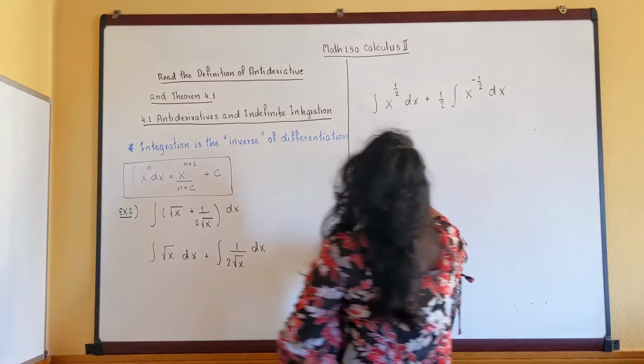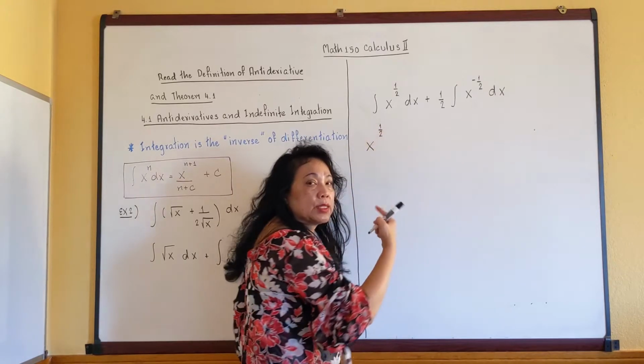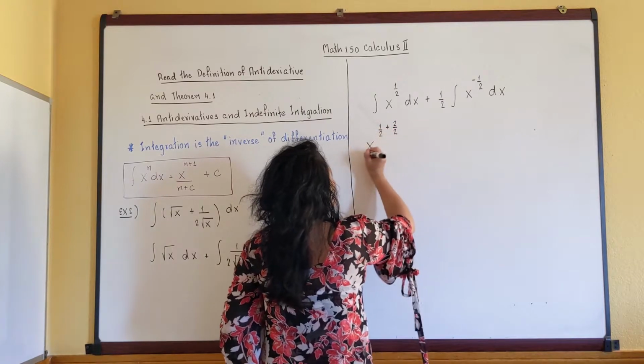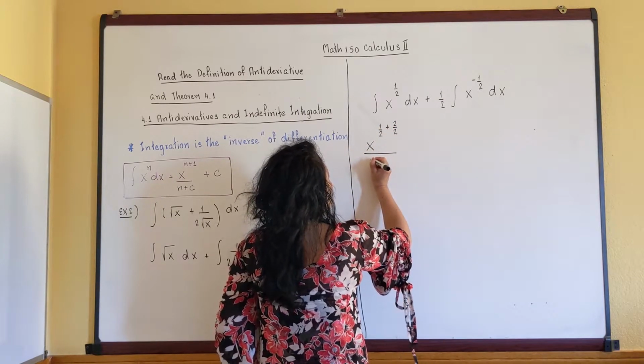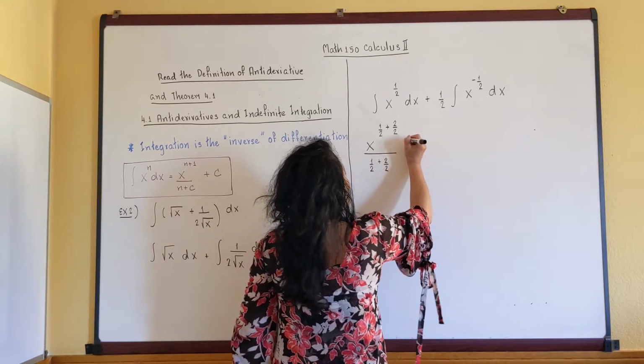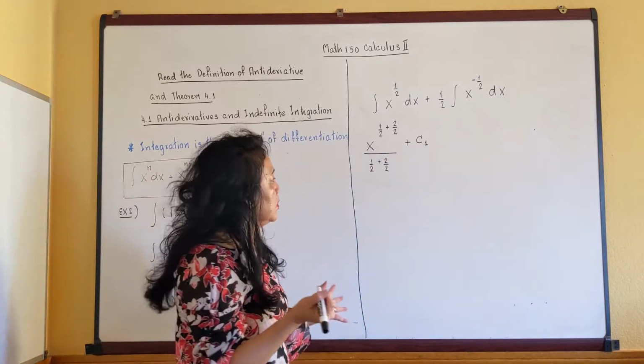So the first one is going to be x to the 1/2 plus 1. I'm going to write it as 2 over 2. So divide by 1/2 plus 2 over 2, plus c. Let's call it c1, some constant. We don't know what it is.